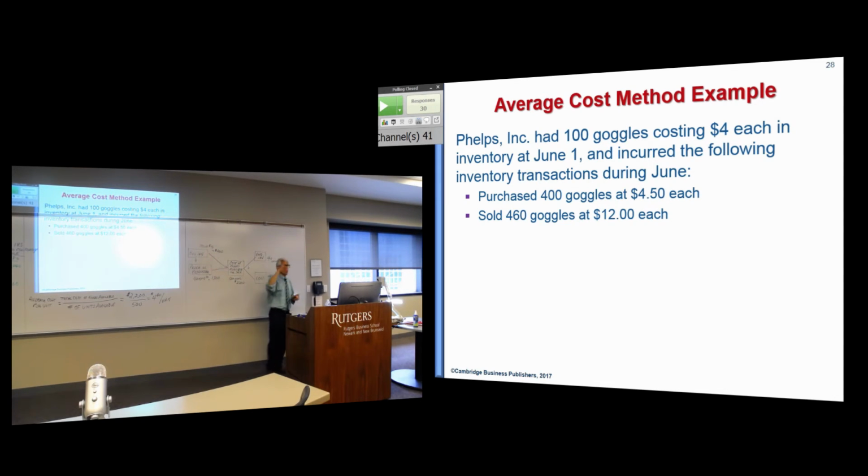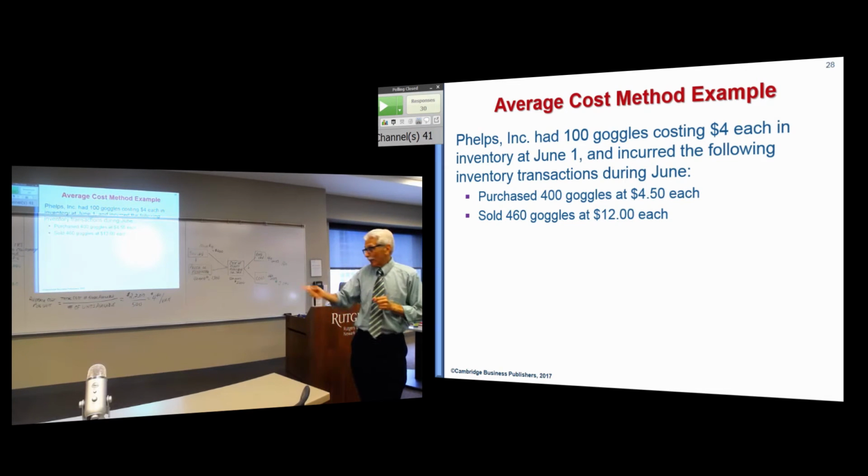So there's more weight, and the reason why I say that is after the quick stretch or break, whatever you'd like to call it, we're going to do a more complicated example, and you'll see very easily how those weights play out. But again, to do a logic check, if you got an answer, for example, if this average cost came out to be $3.90, I would like you to look at the answer and realize that it's wrong.